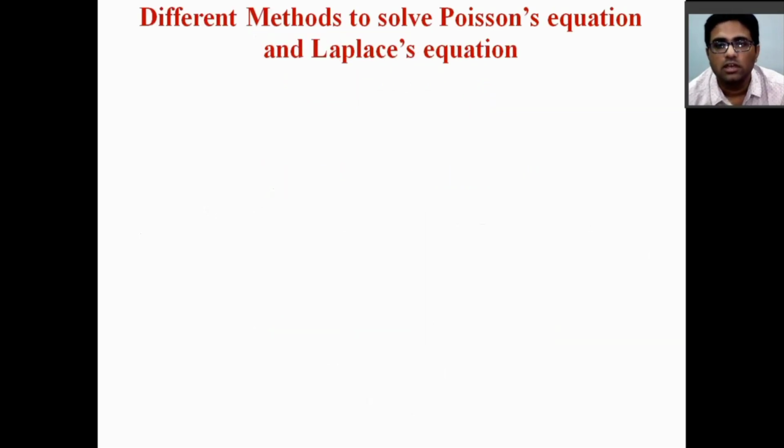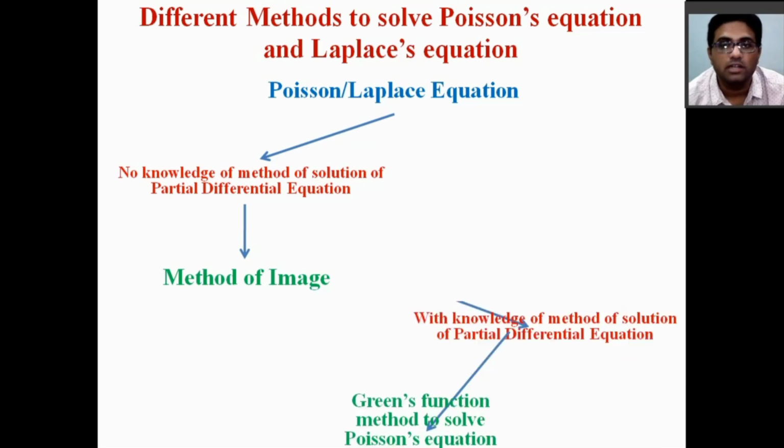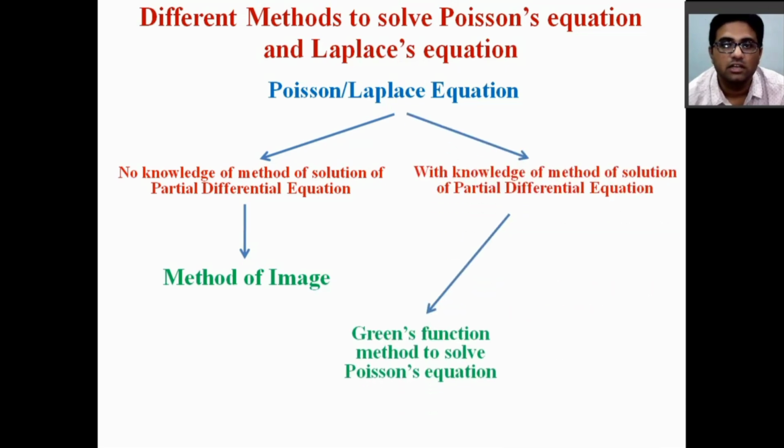Suppose someone does not have the knowledge of how to solve second order partial differential equations. In that case, the method of images has to be adopted for the solution. Now with the knowledge of how to solve partial differential equations, the Green's function method has to be adopted to solve Poisson's equation.